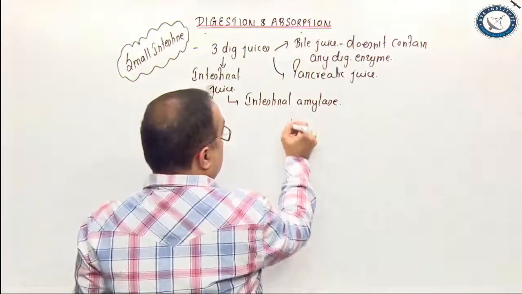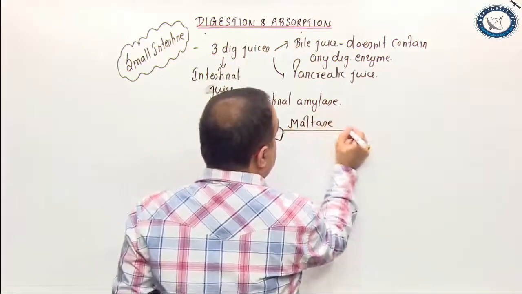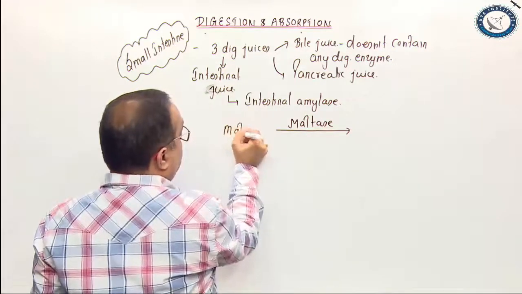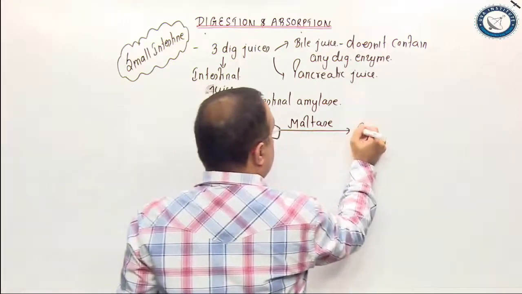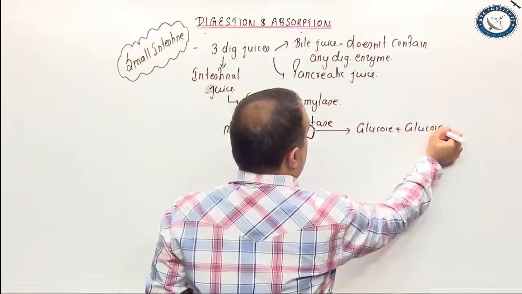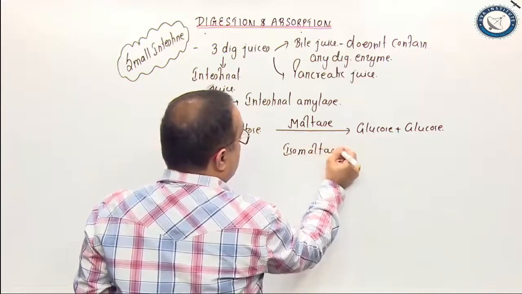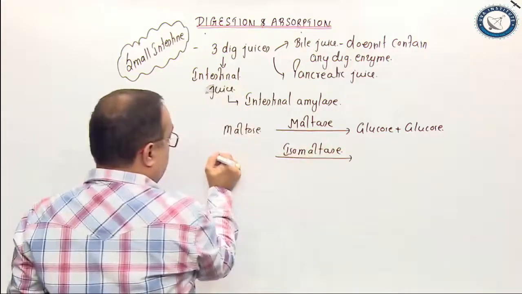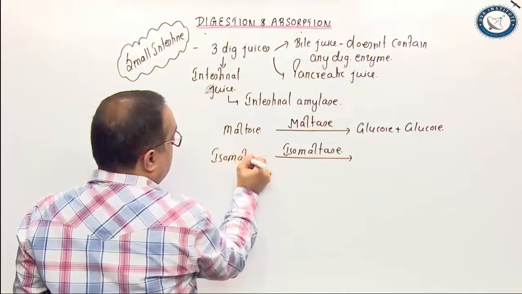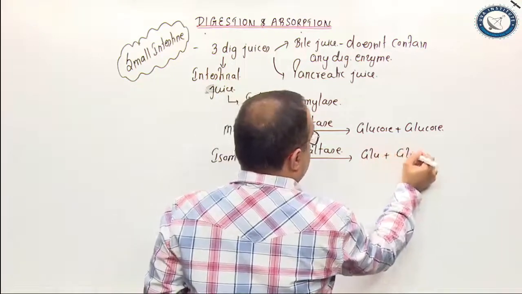Then it also has the maltase enzyme. Maltase will break maltose sugar into glucose and glucose, that is 2 units of glucose. Similarly, the isomaltase enzyme will break isomaltose into glucose and glucose.